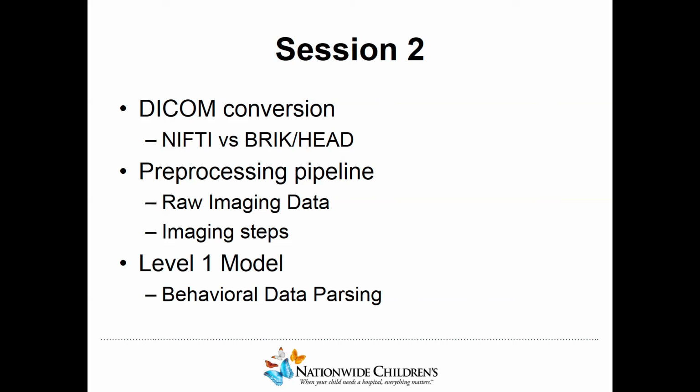Level 1 models construct what occurred on average during behaviors of interest for a single person. That data ends up feeding into a level 2 model, which is asking questions about groups or overall patterns within and between groups.